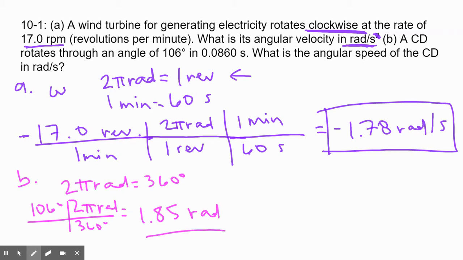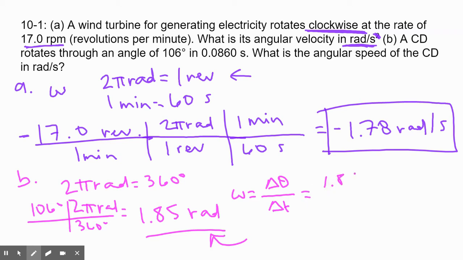Knowing this piece of information, we now have all that we need to plug into our formula. So omega is equal to the change in theta divided by the change in time. And this is our change in theta. That's how far that CD has rotated.